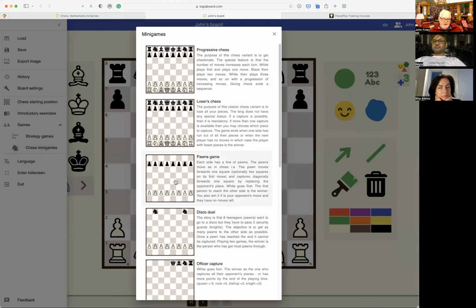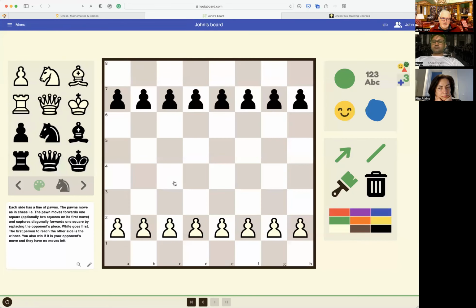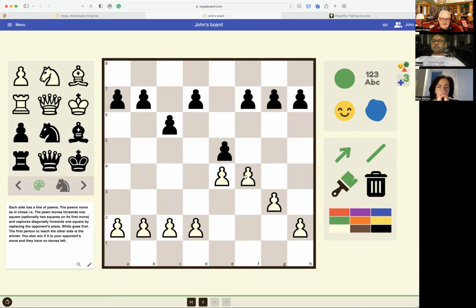So, for example, let's say the pawns game is a familiar game. So I can call up this game now. I think you all know the rules of the pawns game, but basically, you need to get a pawn to the opposite side of the board, and the pawns play as in chess. So it's a very straightforward, simple game.